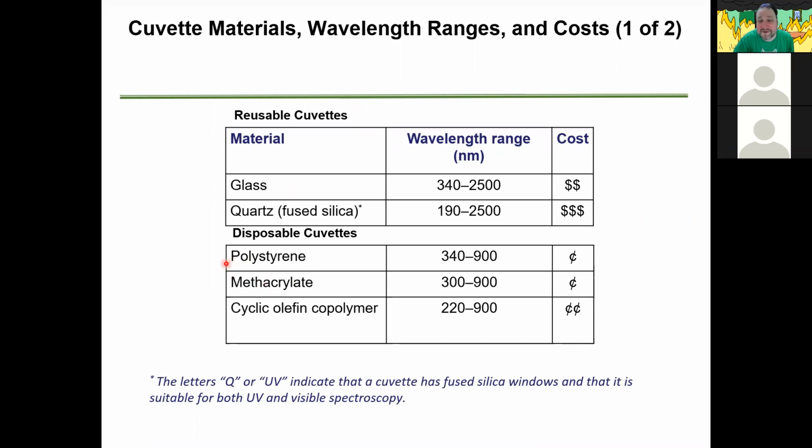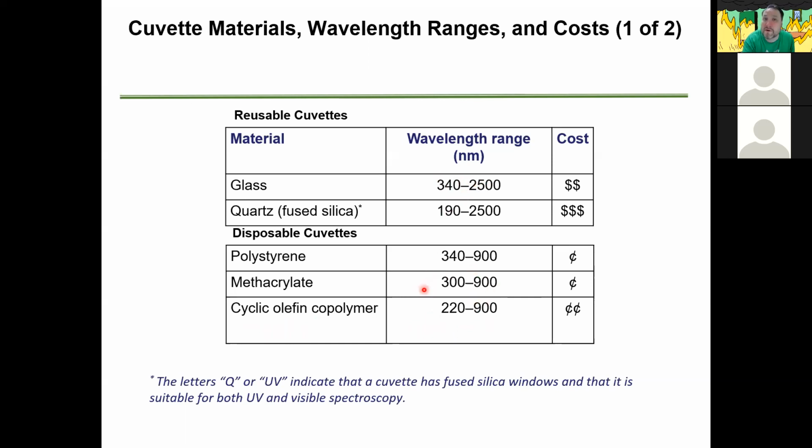But most of the time we're going to work with plastic ones because they're cheap and disposable. They are not going to go out into the UV as far. Sometimes you can get ones that go into the near UV, like the cyclic olefin copolymer and the methacrylate.